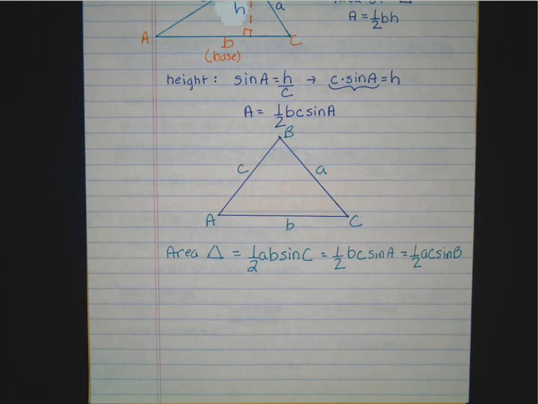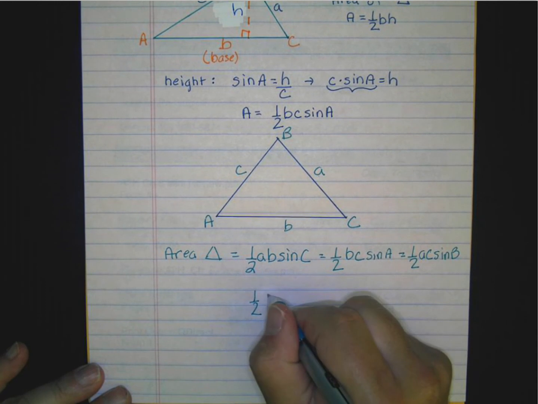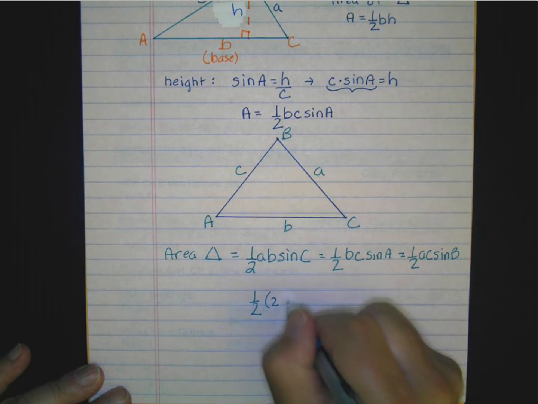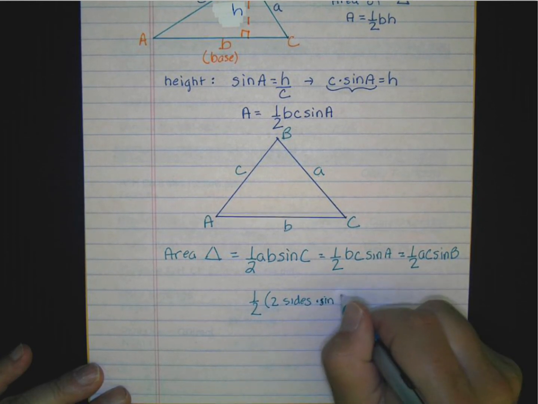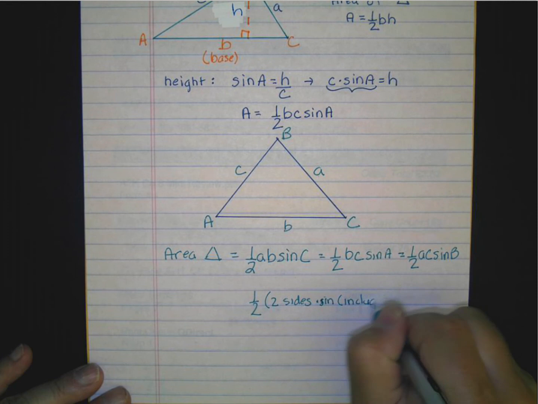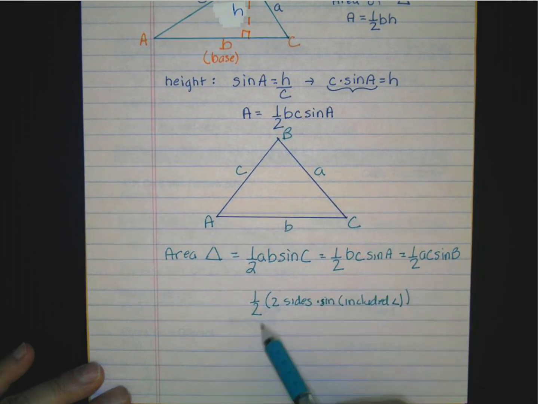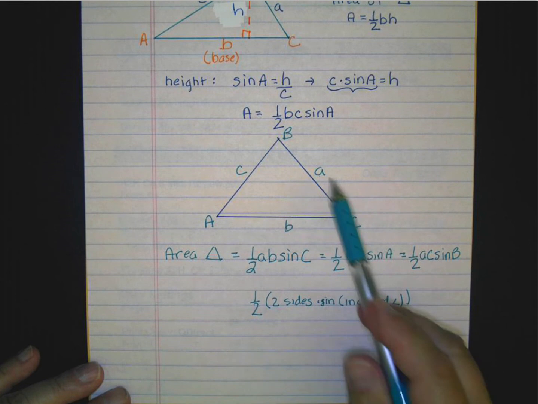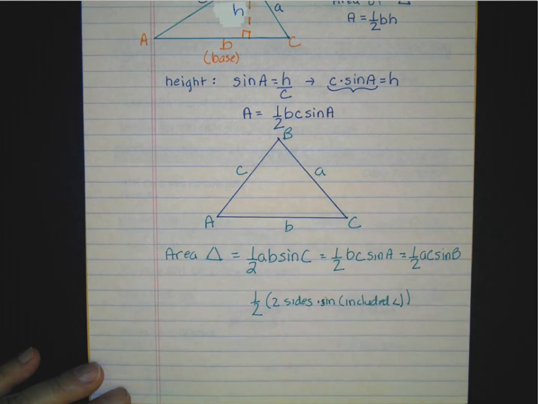Just to reiterate, you must have 2 sides, so it's 1/2 any 2 sides times the sine of the included angle. I'm writing it so you can get an idea of what it's saying. Any 2 sides, see A and B, the included angle is C. A and C, the included angle is B.